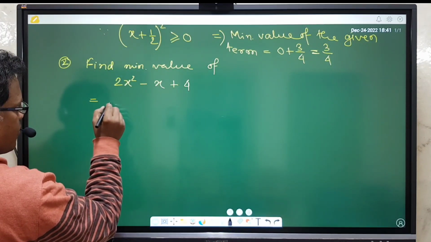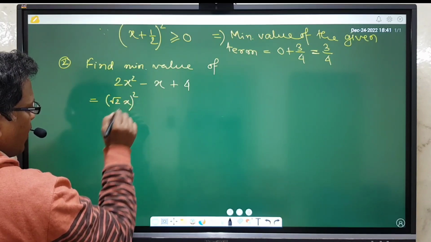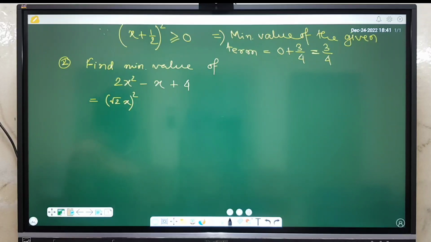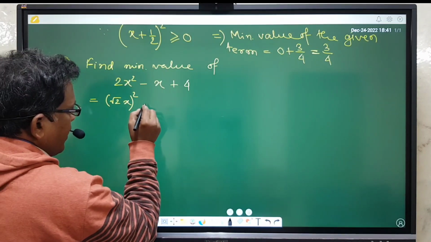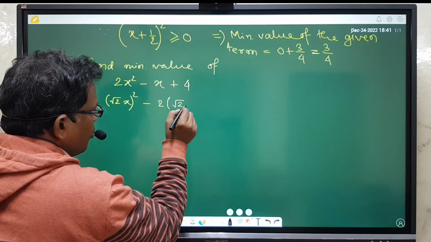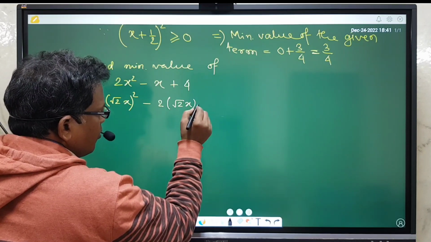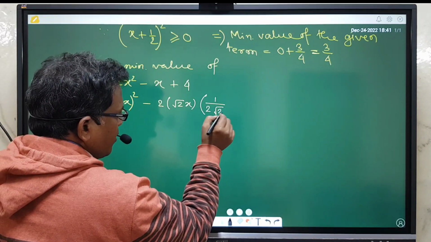This is 2x square, so I can make it root 2x whole square to represent it as a perfect square term, that is a square minus 2 into a, where a is root 2x. So we have to bring b as 1 by 2 root 2, right?